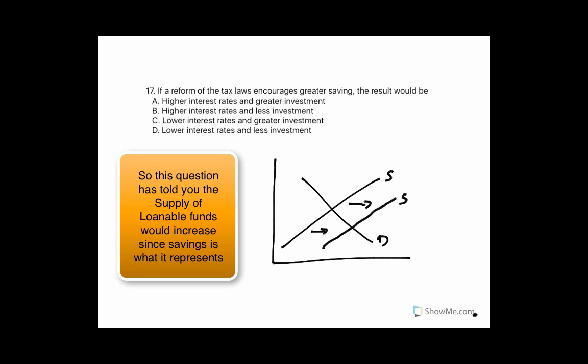Right, so now there's a greater supply of loanable funds from S to S prime, and what that does is it's going to yield a lower interest rate, from I1 to I2, and higher investment, from Q1. So the quantity supplied and the quantity demanded of loanable funds is going to go up from Q1 to Q2. Right, so you end up with a lower interest rate and greater investment at Q2.